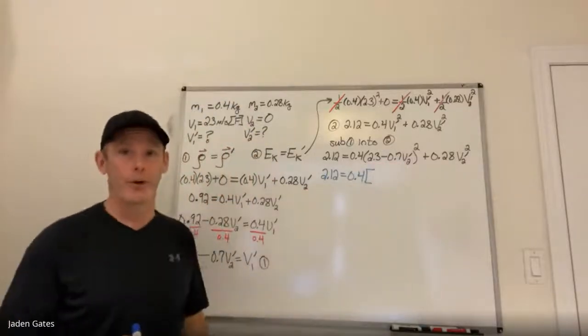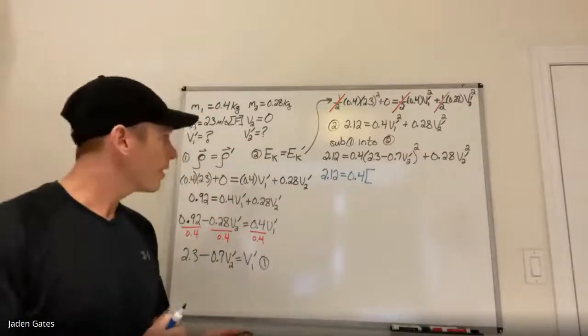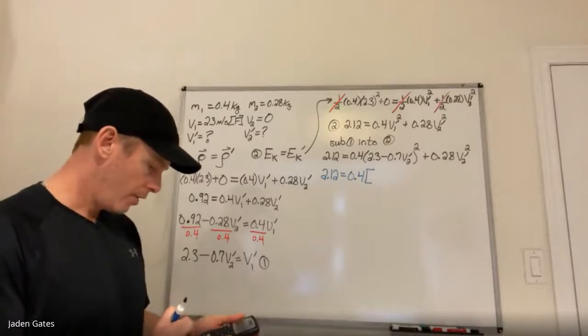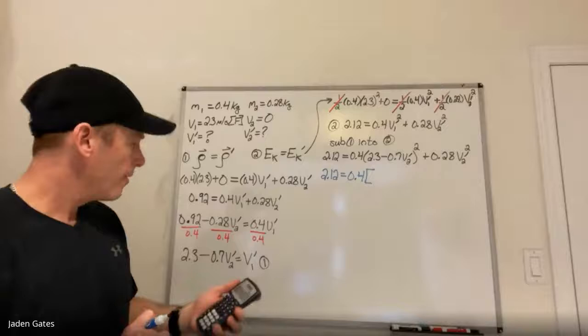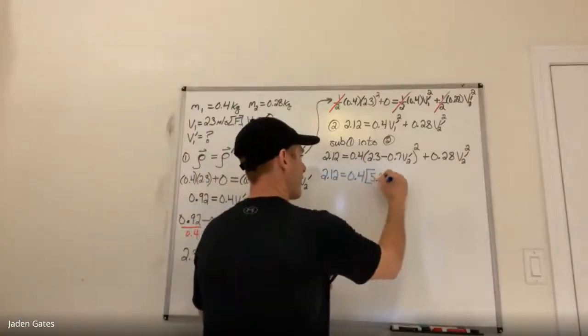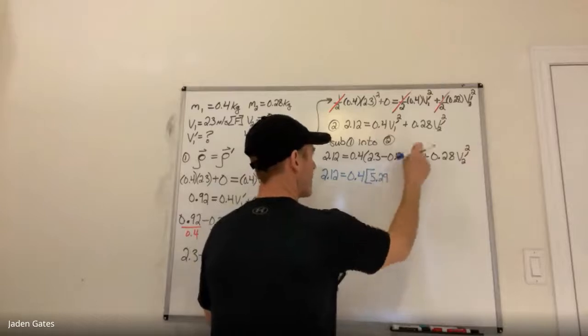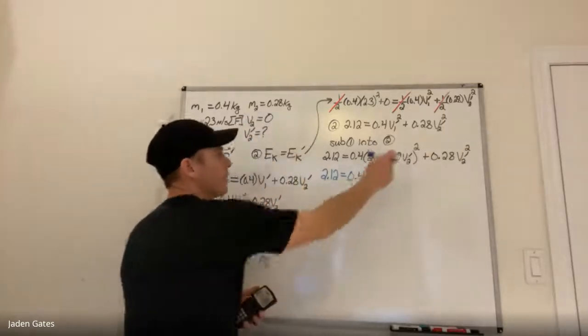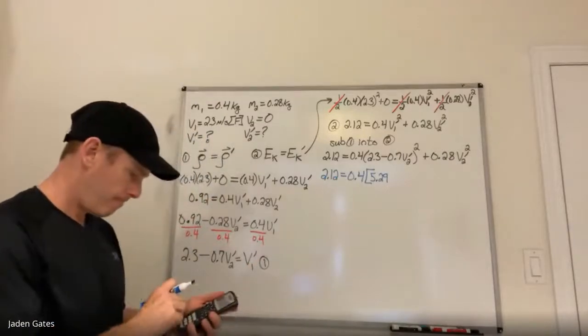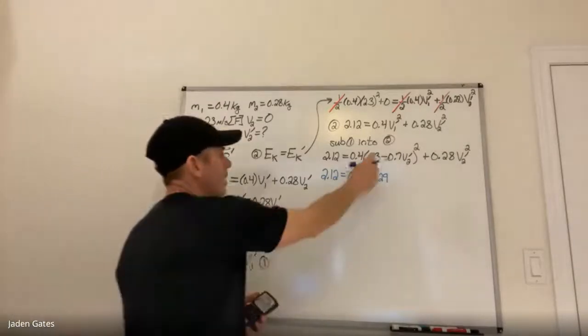That's the quick way to do it. Fortunately, if you're not good at math, that's not a good thing. So I take my 2.3 squared, and I get 5.29. All right. Then I go 2 times my negative 0.7 times the 2.3.